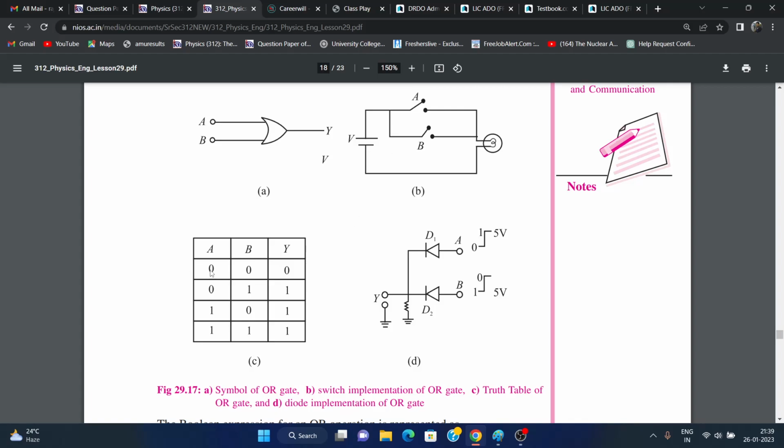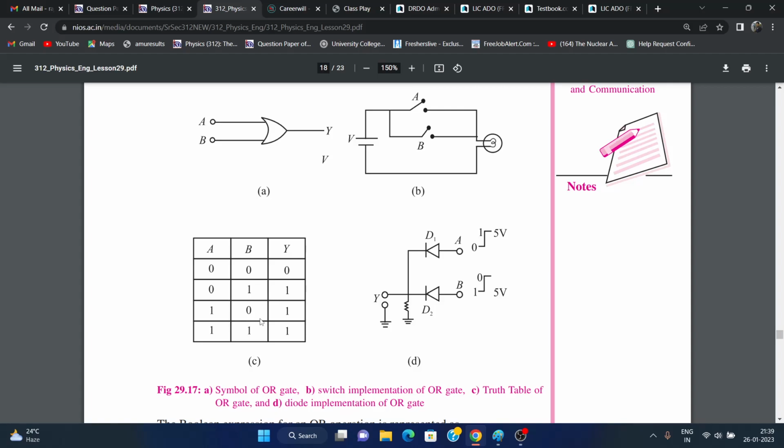So in the first row, both of the switches are open, so no current passes through the bulb and the bulb doesn't glow. We get the output as 0. In the second row, A switch is open, B switch is closed, so current passes through this path and the bulb glows and we get output as 1.